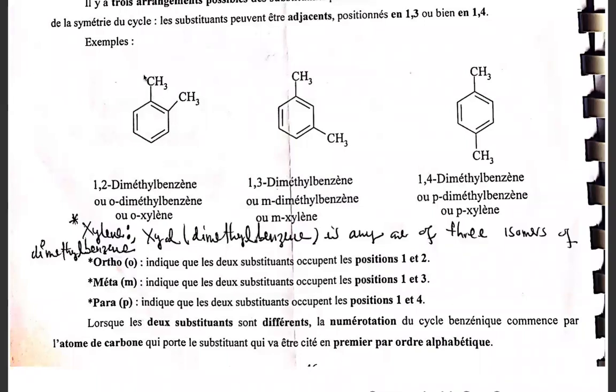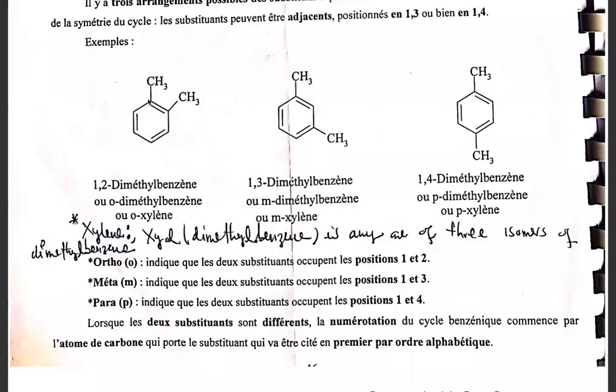When you're naming them, when you start to count, you count from number one. The order is like that. If the groups are bonded on the first carbon and the second carbon, this is their orientation. If the bonding is in the ortho orientation, which is at position number 1 and position number 2, that is the order you are going to follow.